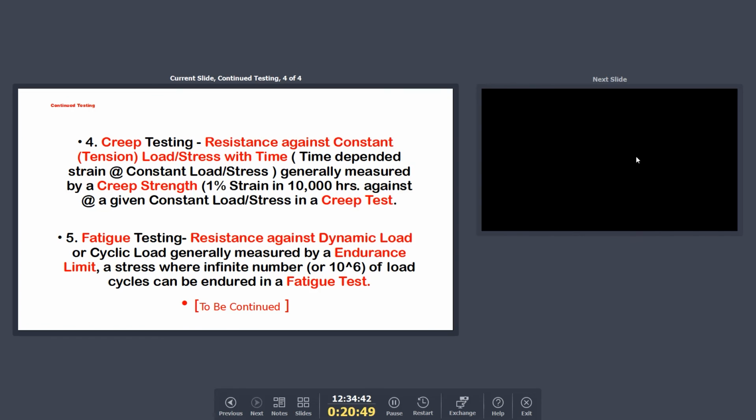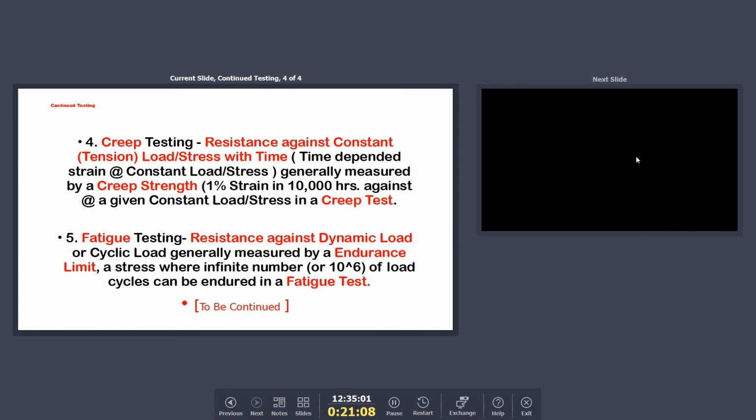And here we want to know the endurance limit up to which we can use it. The endurance limit is found out from fatigue testing.